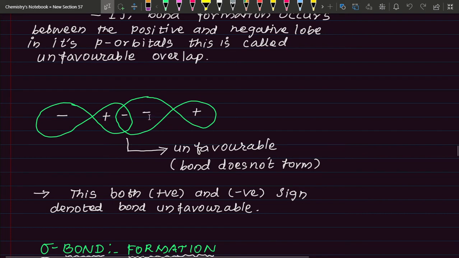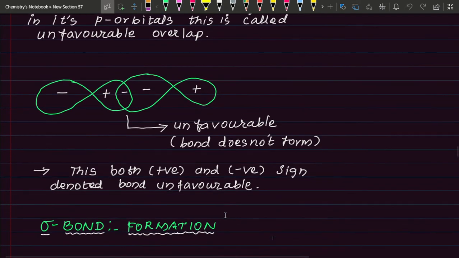This is the positive, this is the negative, so both are not the same, so unfavorable. Bond does not form in this case. So positive and negative signs together denote bond unfavorable. Please keep it in mind, it is very important.